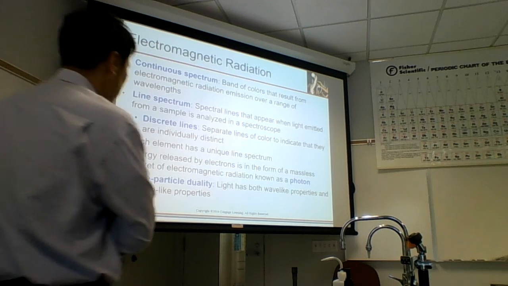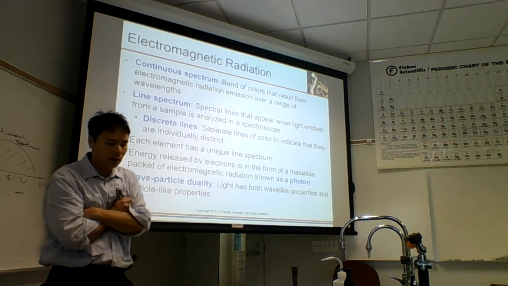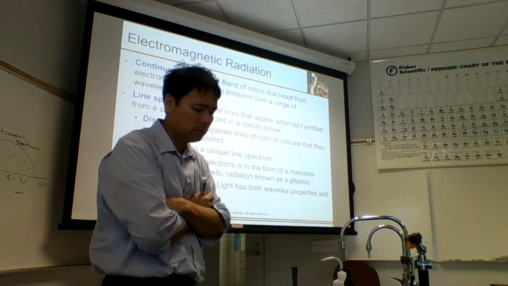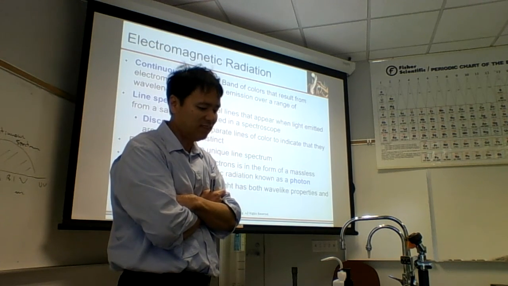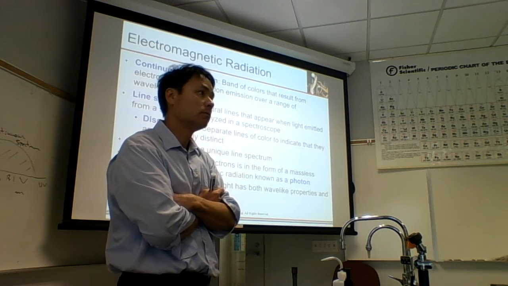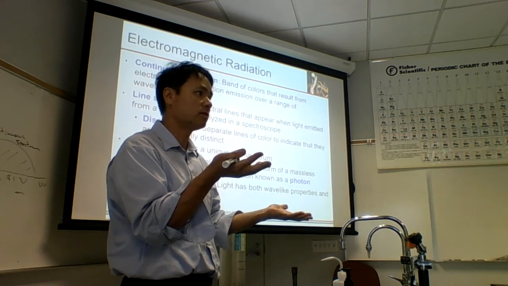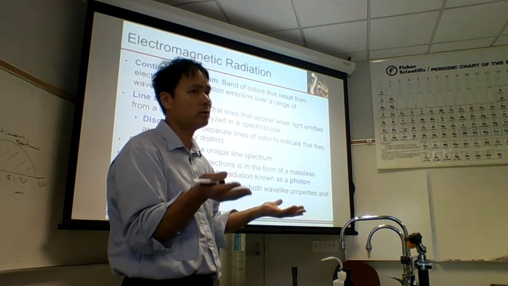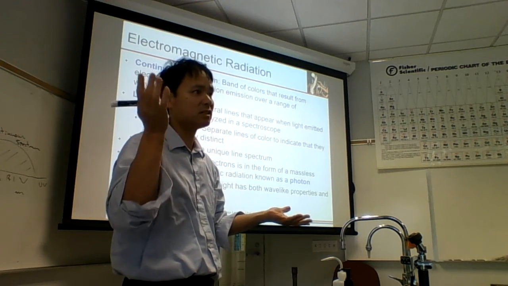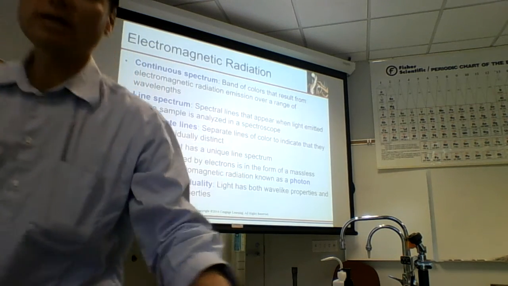And so this was huge because this was not explained by the physics at the time. And so at the time, physics had to be modified. The transition from the old physics, which we call classical physics, to the new physics, which we call quantum physics, occurred because of this. Because this is a huge problem. And why is this a huge problem?